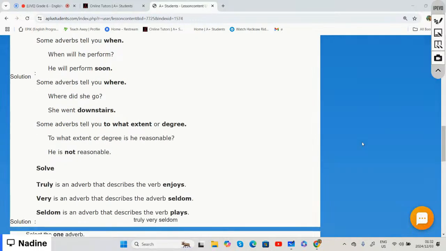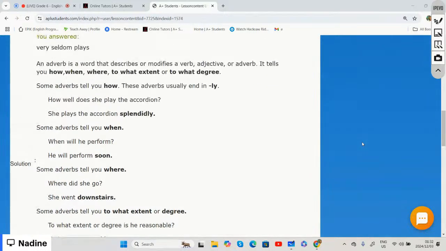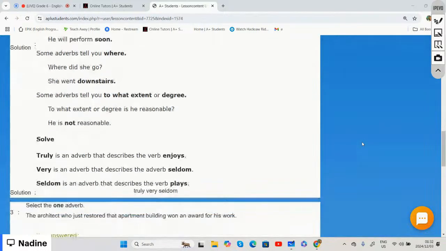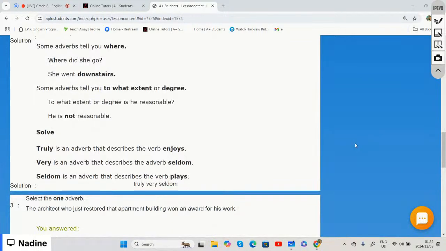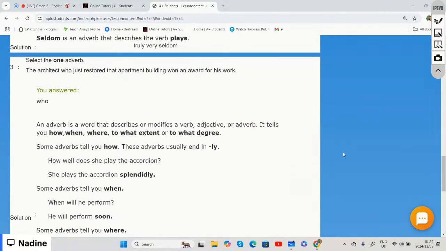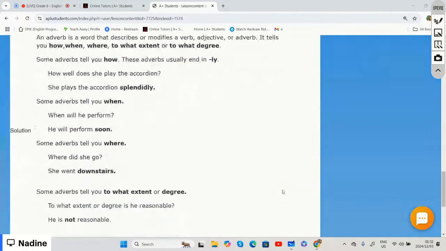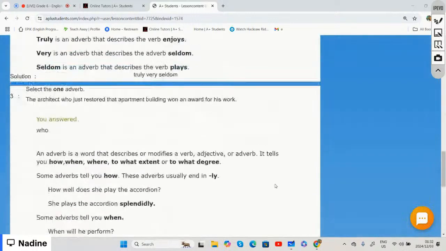And once again, we said our adverb tells us how something is being done, where it's being done, when it's being done, to what extent, or to what degree. So we need to select just one adverb.